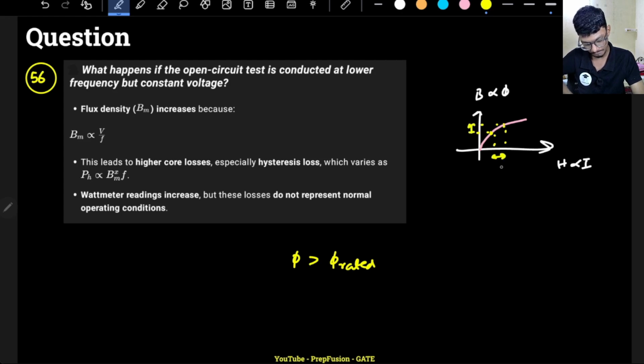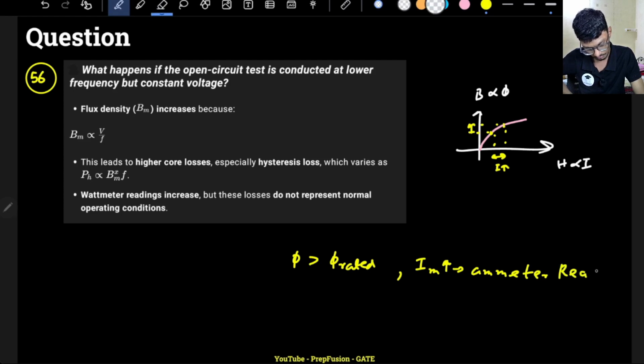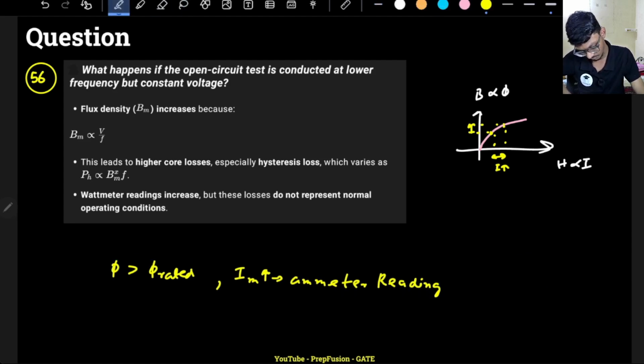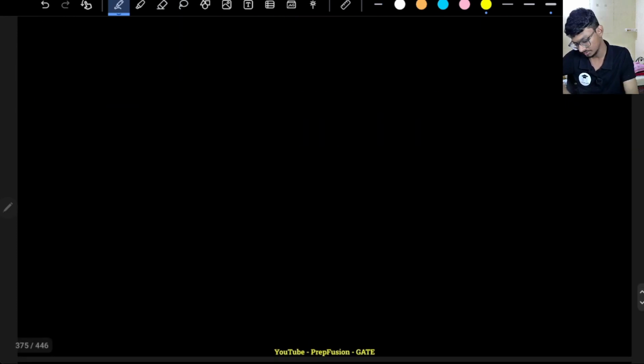The magnetizing current required will increase, so my Im will increase. And if Im increases, the ammeter reading also will increase. So the wattmeter reading will increase and the ammeter reading also will increase. Okay, so this was about that.